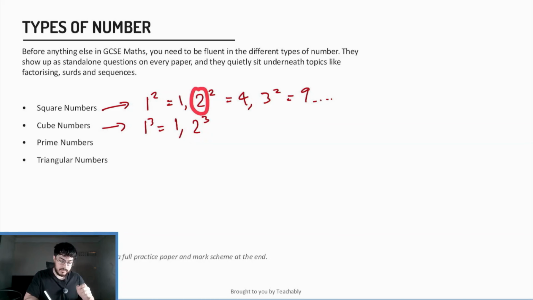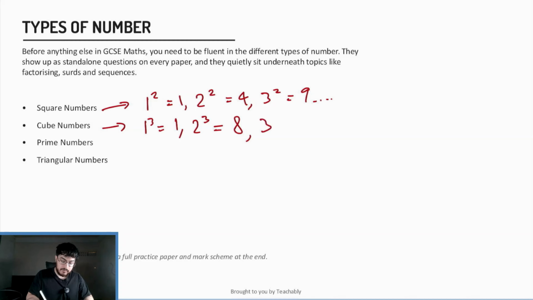So 2 squared is 2 multiplied by itself twice, so 2 times 2, which gives you 4. If you have a 3, it's not going to be 2 times 3, it's going to be 2 times 2 times 2, because that is 3 times, and that is going to be 8.